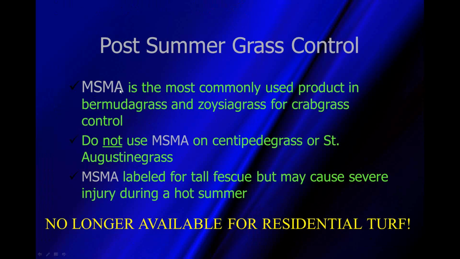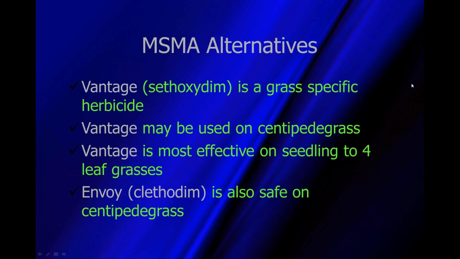If you're in commercial, like golf courses and sod growing, then you can still use the product called MSMA in Bermudagrass and zoysiagrass turfs. But for homeowner use, it's essentially gone and probably won't come back.